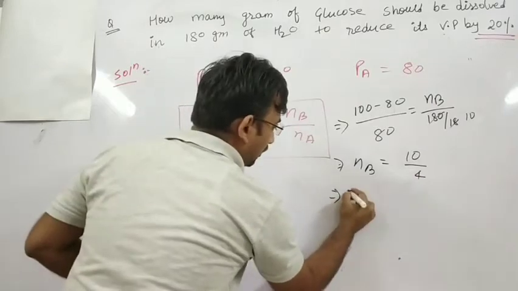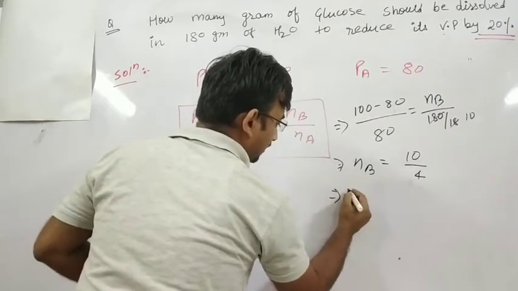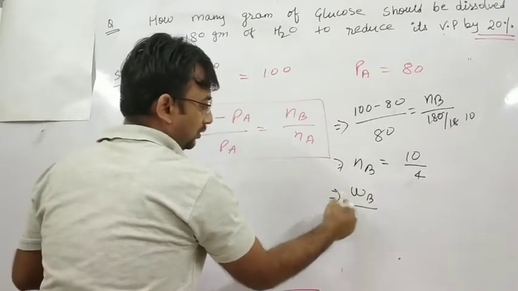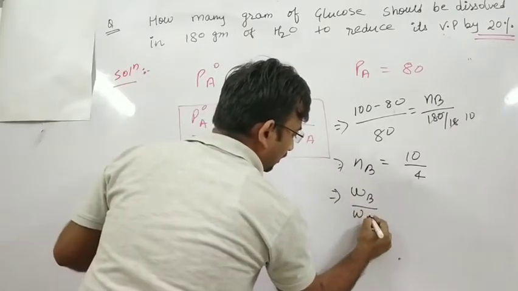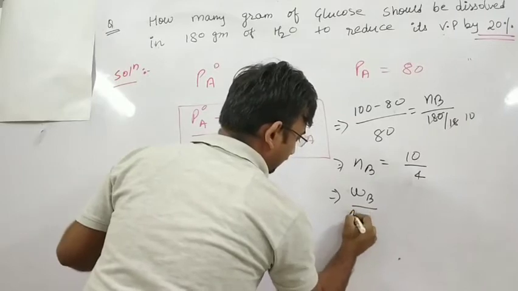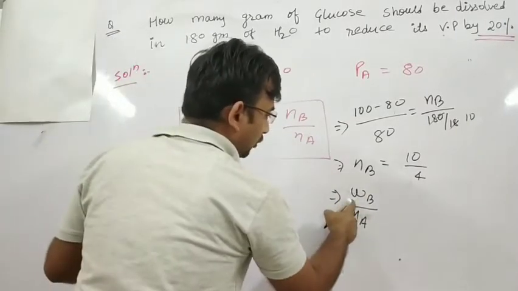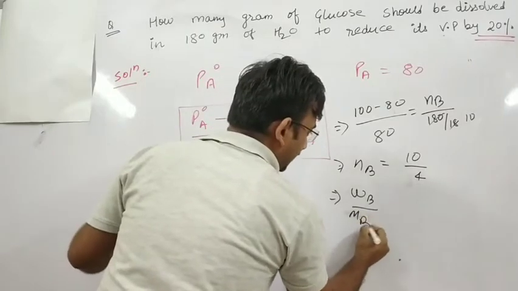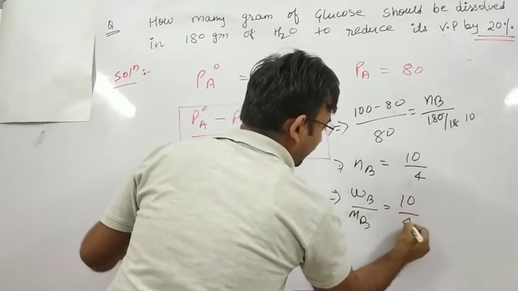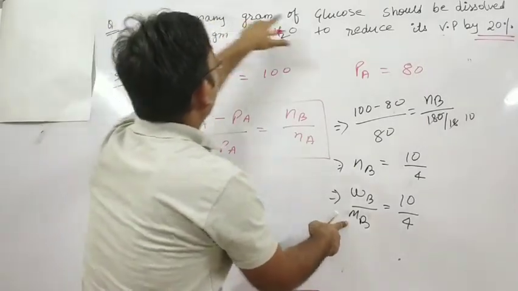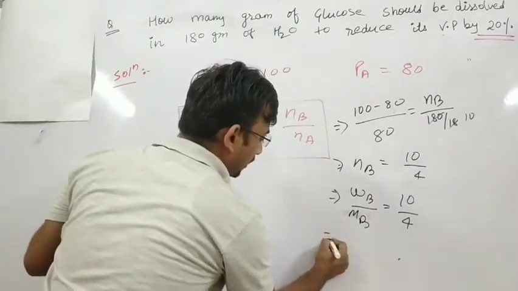And we know NB can be written as weight of B, that means weight of solute, divided by molecular weight of solute. WB upon MB is equal to 10 by 4. How many grams of glucose? Glucose molecular mass we all know, we take 180.